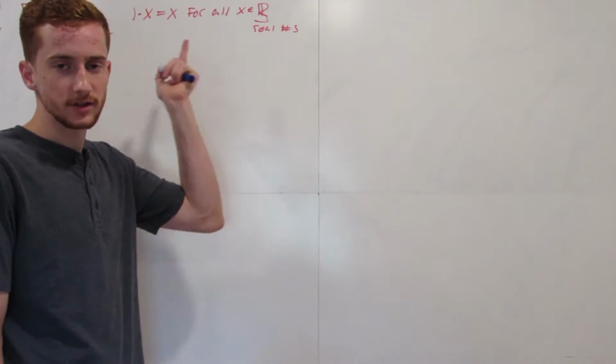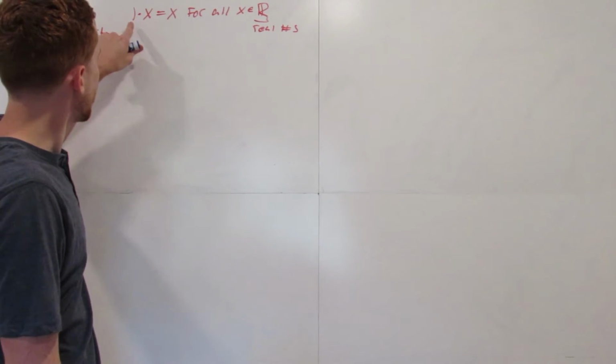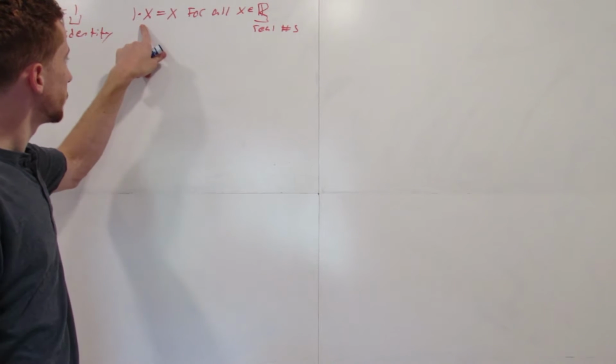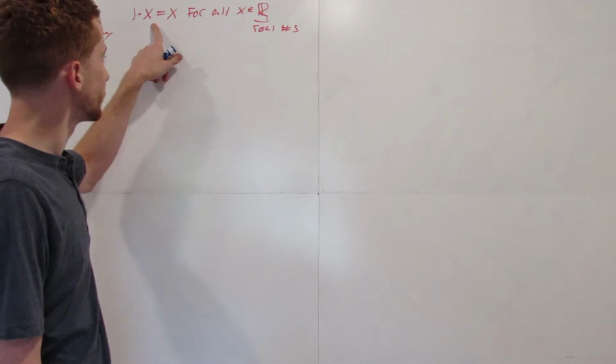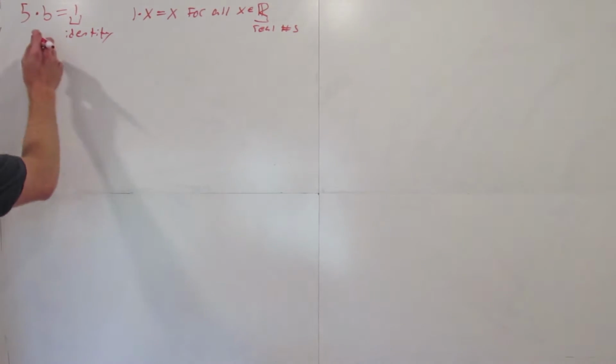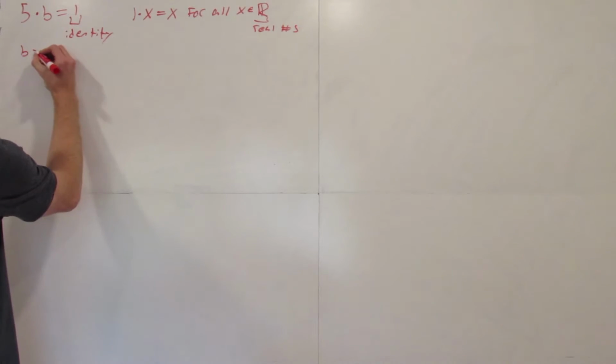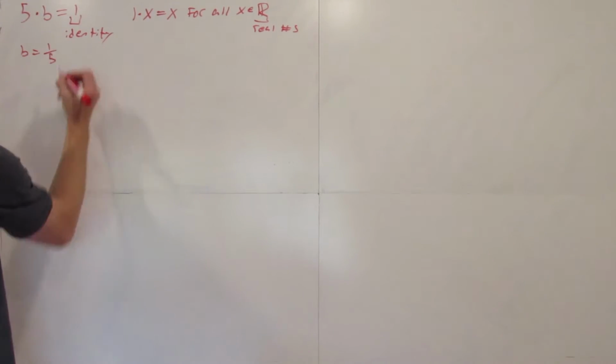This is essentially the definition of an identity element: an element such that when you do an operation between that and another element, you get the x back. So in this case, you should all probably know that b is equal to 1 over 5.